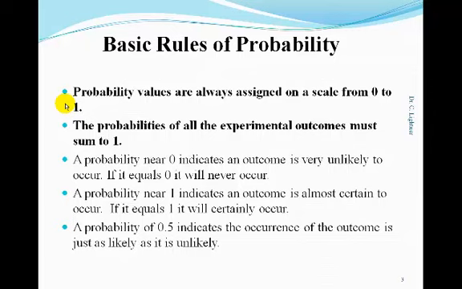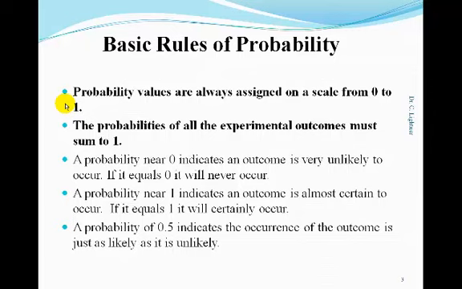A probability value that is close to 0 indicates that this outcome is very unlikely to occur. If the probability value equals 0, this indicates that this outcome will never occur. A probability value that's close to 1 indicates that it is almost certain that this outcome will occur.